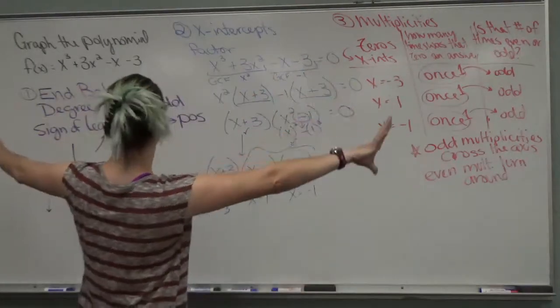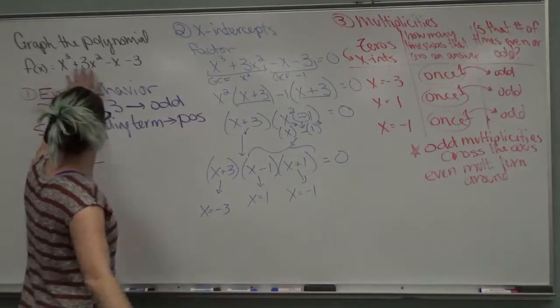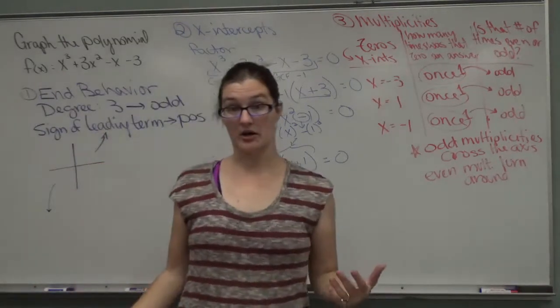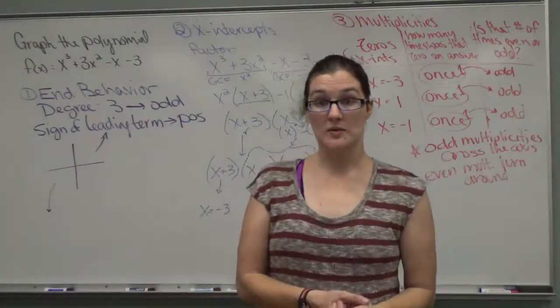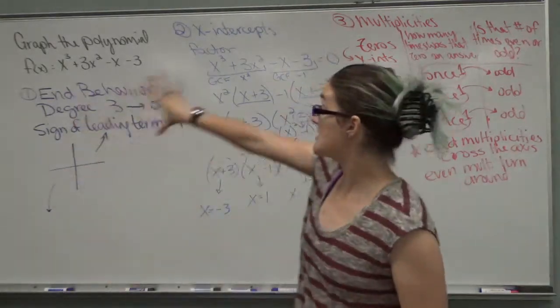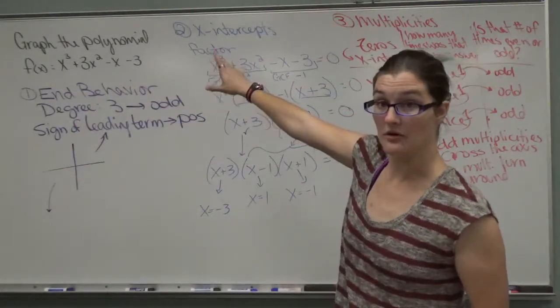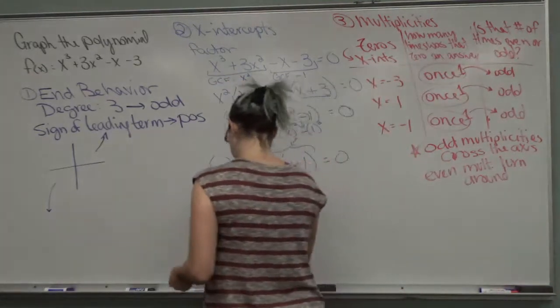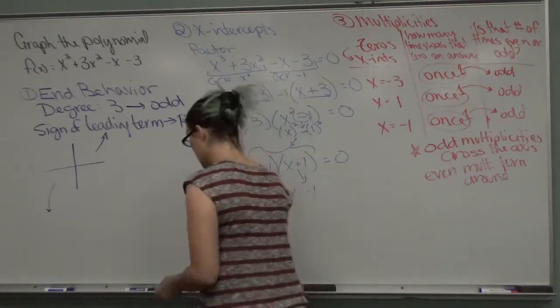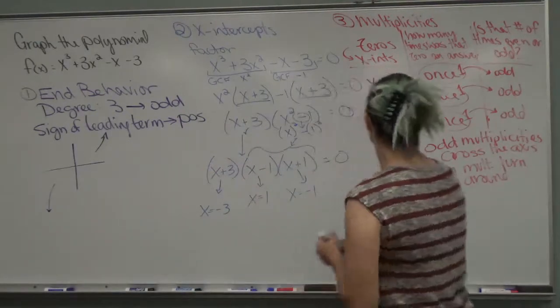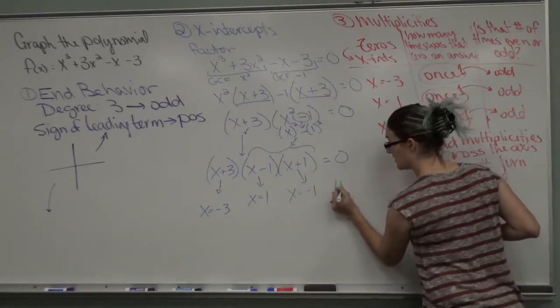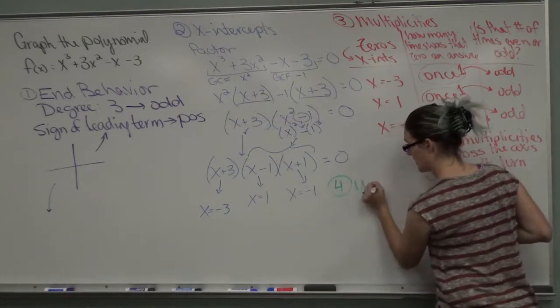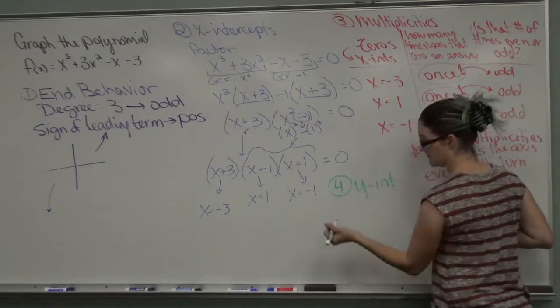What's the only other thing we can get? Well, if I make x 0, I can get that extra ordered pair. Y-intercept is always when x is 0. So it's always going to be the number that doesn't have a variable. So my y-intercept is -3. So your step, I'm out of colors. Step 4 is the y-intercept.